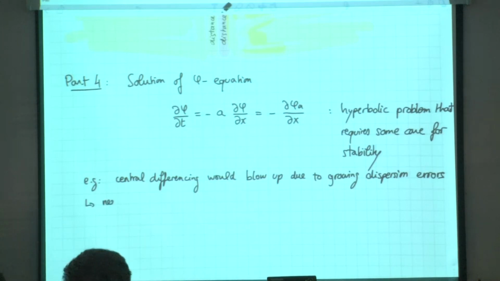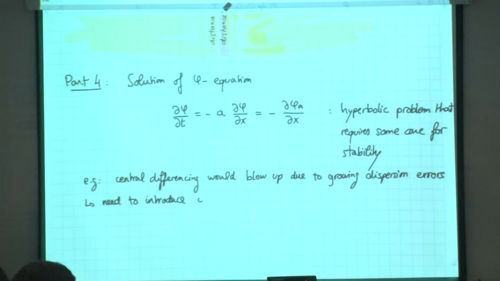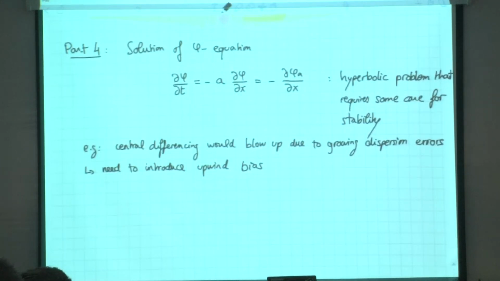So we need to introduce an upwind bias in our solution. That means that the flow direction will inform how we discretize our equations. And we need that for stability.